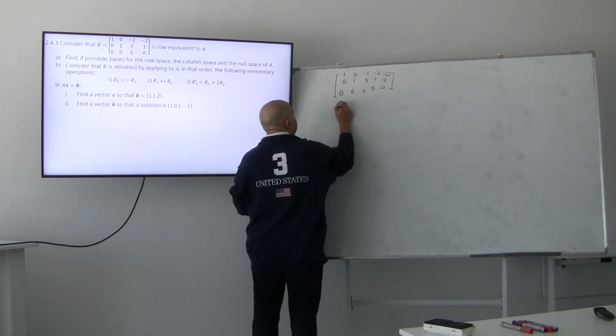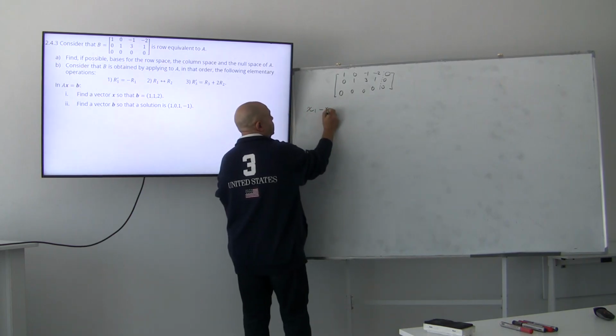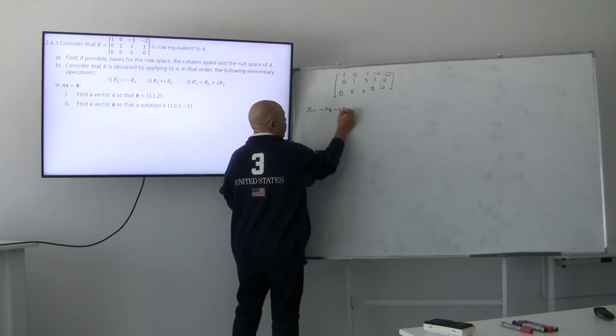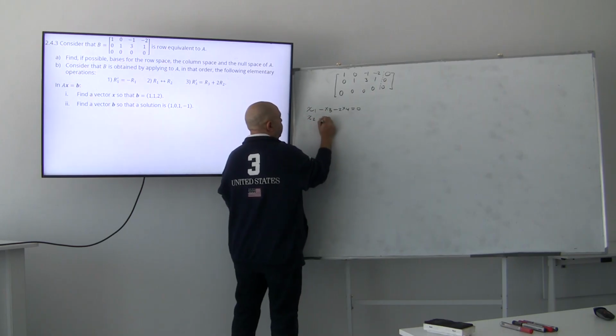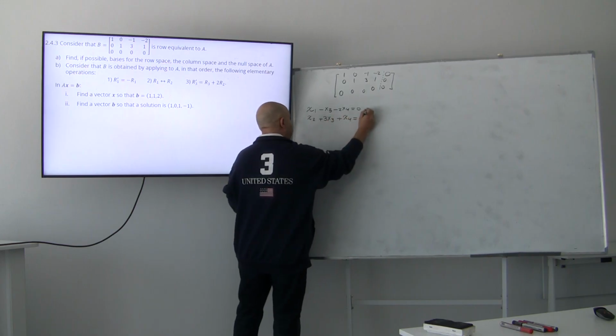So the first row gives x1 minus x3 minus 2 x4 equal to 0. And for the second row, it's gonna be x2 plus 3 x3 plus x4, which equals 0.